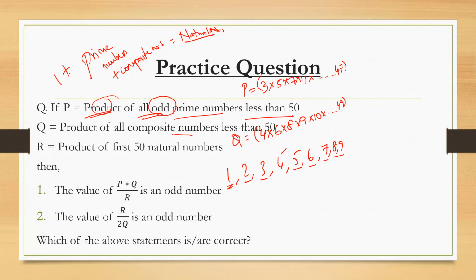So when you combine all three together, it gives you what? Natural numbers. Is this clear, everyone? Any doubt? Got it? Okay. What if I add 0 also here?